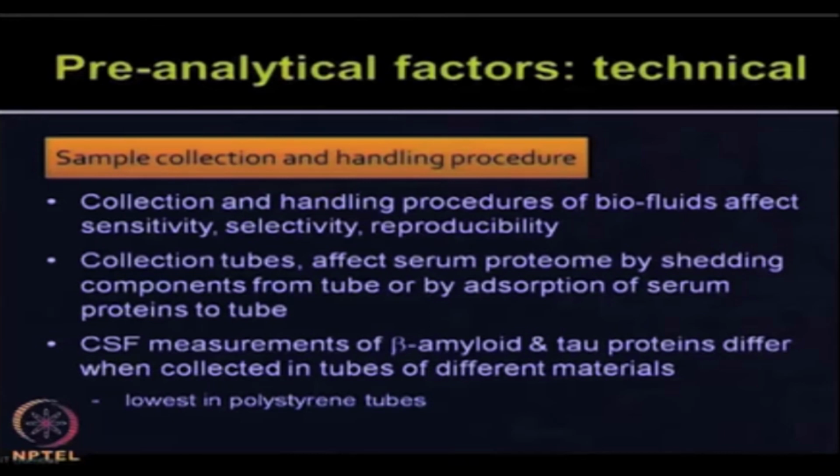The shedding of components from the tube or adsorption of the serum proteins to the tubes will in some way influence the proteome analysis. For the cerebrospinal fluid measurement of different proteins such as beta amyloid and tau proteins, when people analyzed these in tubes of different materials, they found different effects, and the effects were lowest in the polystyrene tubes.